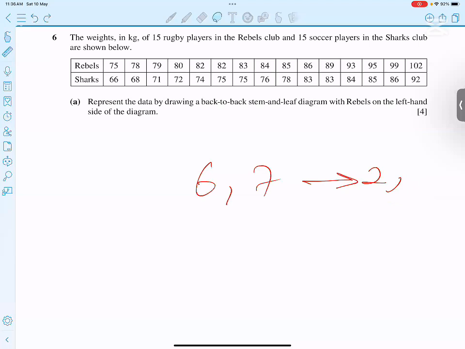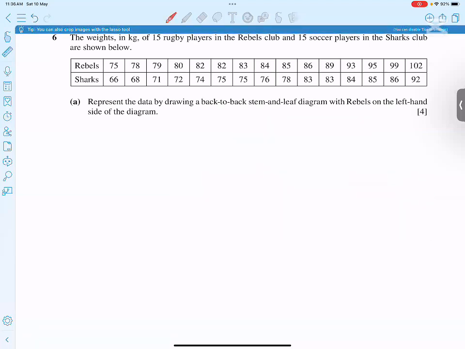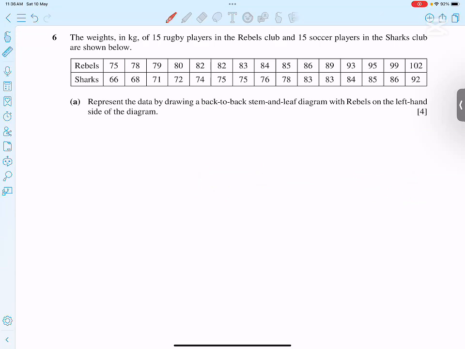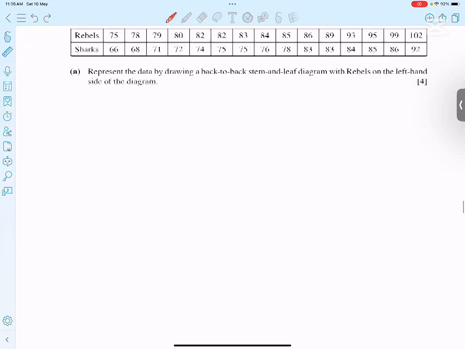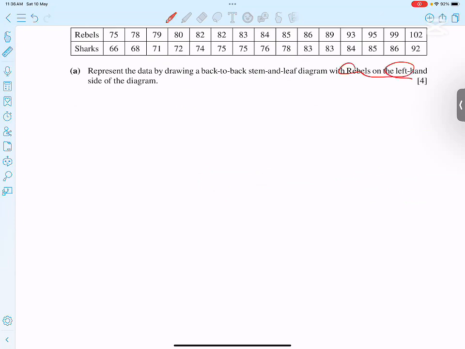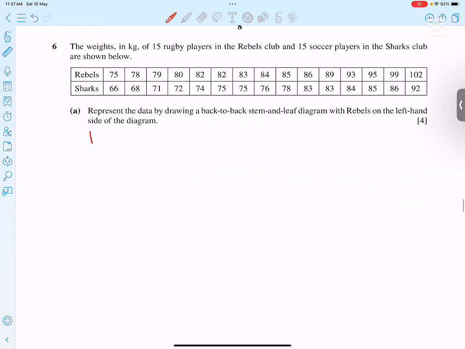Now, represent the data by drawing a back-to-back stem and leaf diagram. R must be on the left-hand side. Before we start, every time we are looking for the smallest and largest value, among both groups.